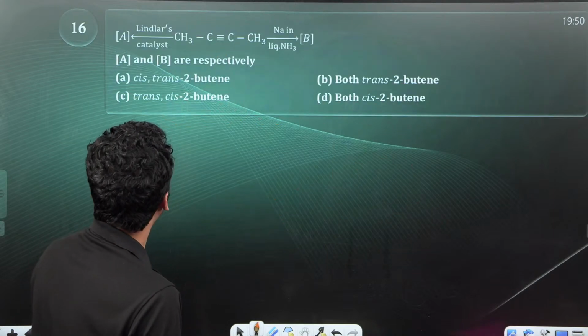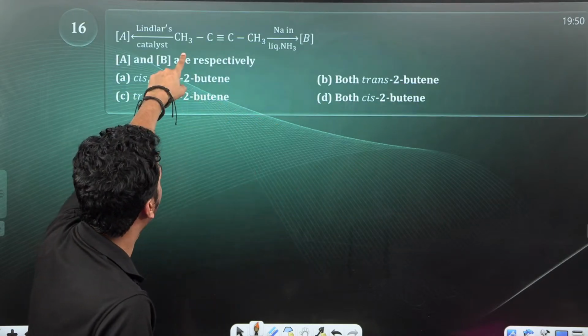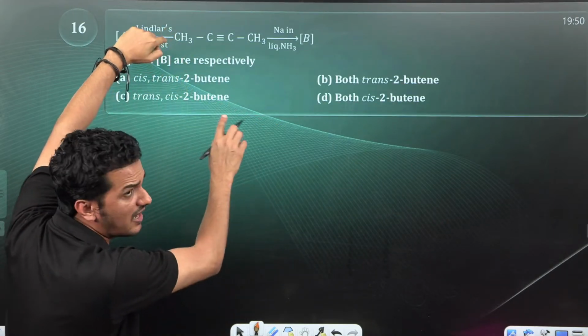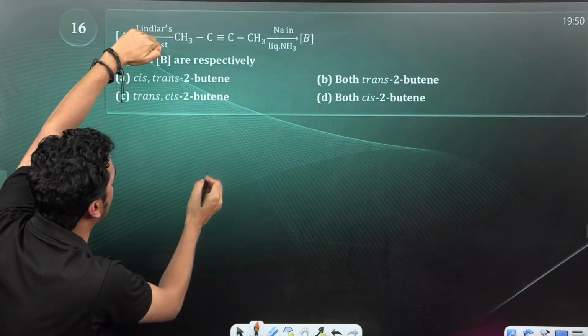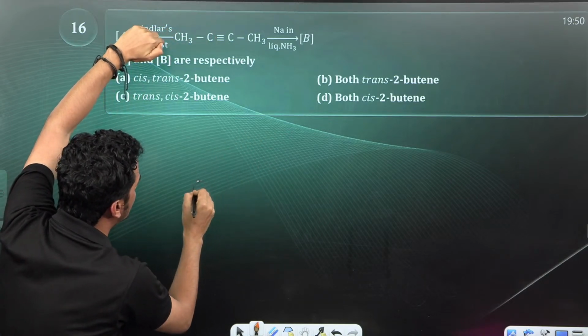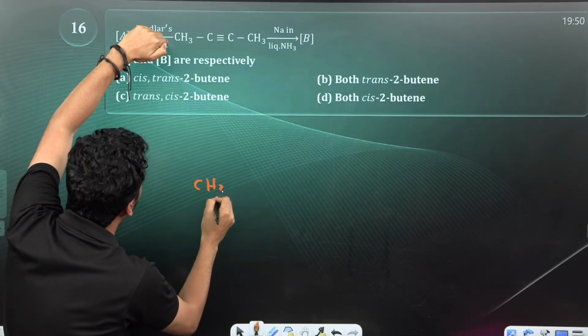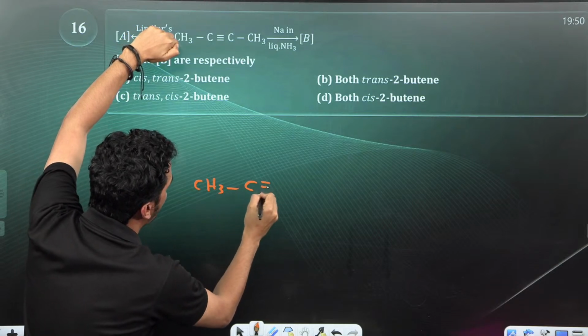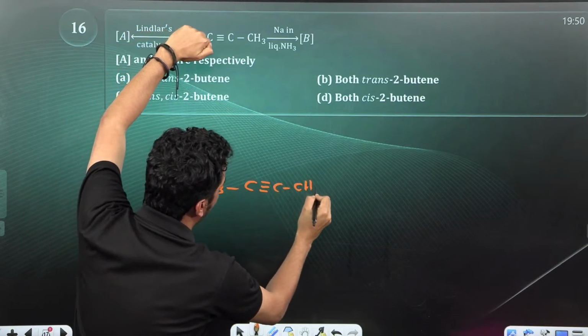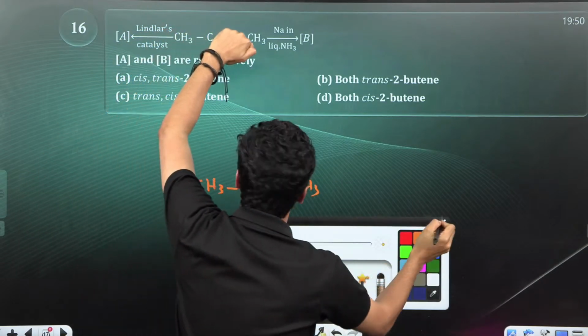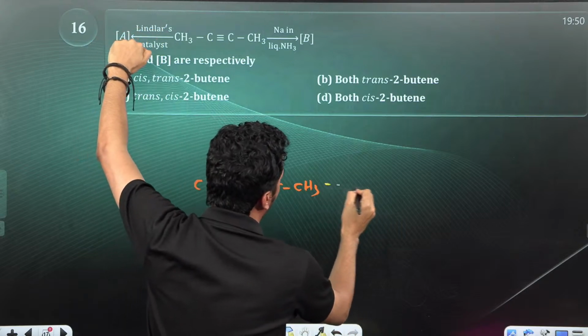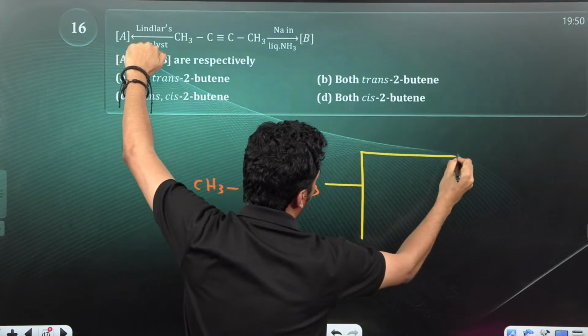Next question, 16th question. This idea we discussed in the class, today also. You are having CH3 C triple bond C CH3. Once you are treating this with Lindlar catalyst.